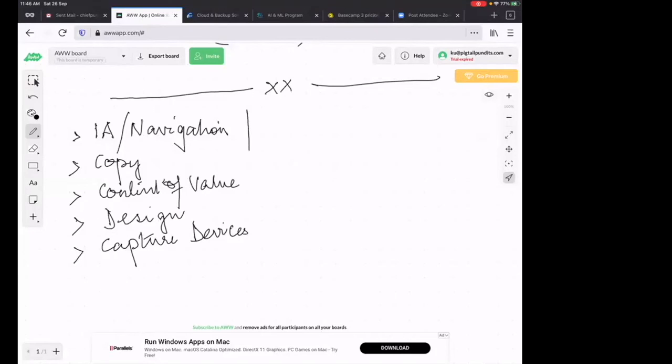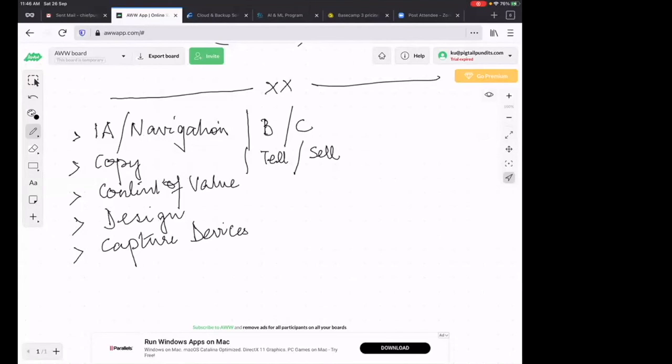Navigation, again, I'm looking at brand centricity versus customer centricity. In copy, I am looking at, are they talking about themselves or only the product, which is what I call tell, versus sell.